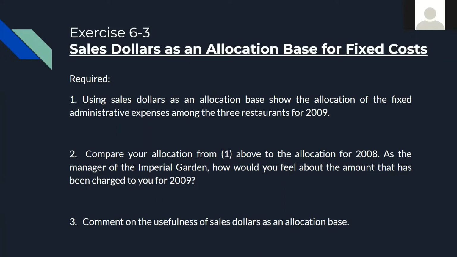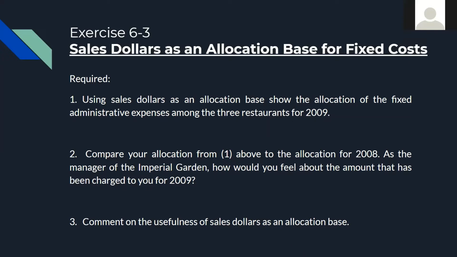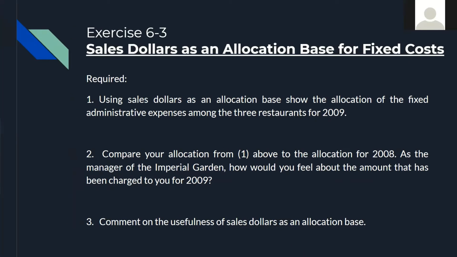So the requirement for number 1, using sales dollars as an allocation base, show the allocation of the fixed admin expenses among the 3 restaurants for 2009. Sir Gio, next slide, please.